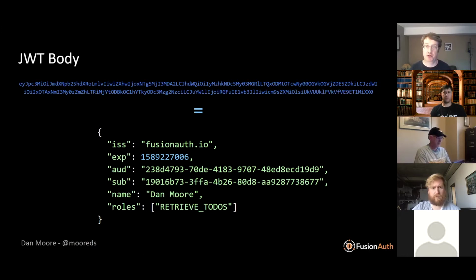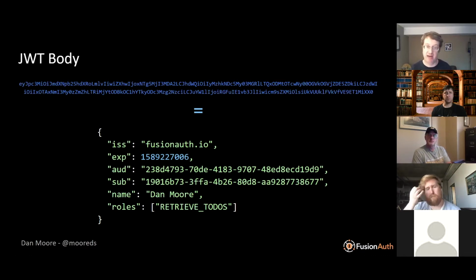Because it's stateless, because you're not talking to the user data store, you need some way to say, hey, this JWT is no longer valid, and time is a major way to do that. The AUD claim is the audience, and so this is a string or an array of strings, and this basically says, hey, this JWT was built by the issuer for this audience.